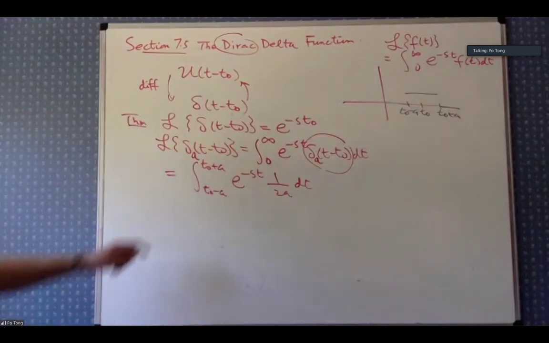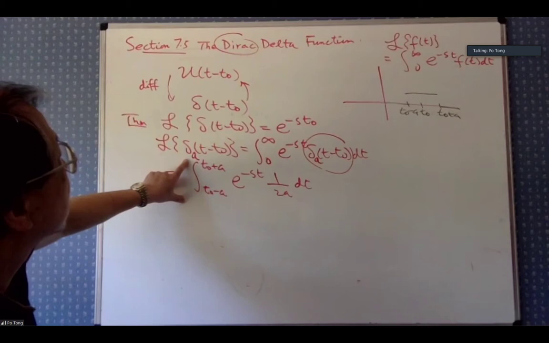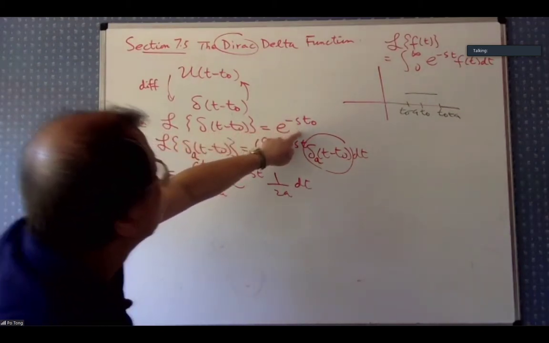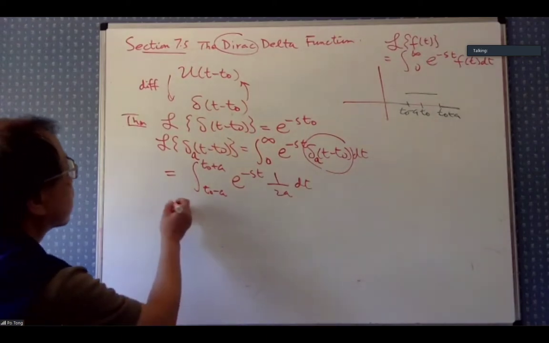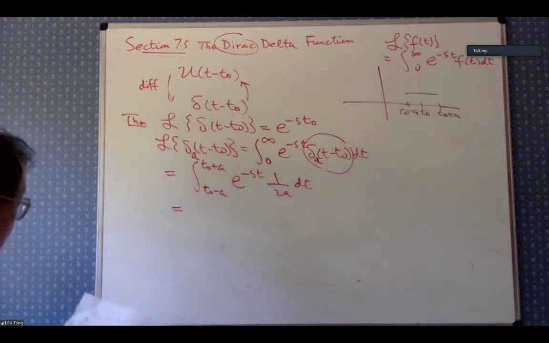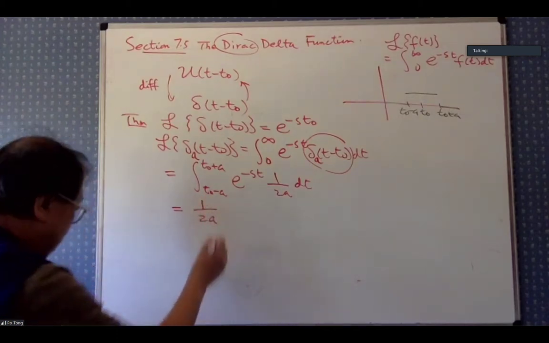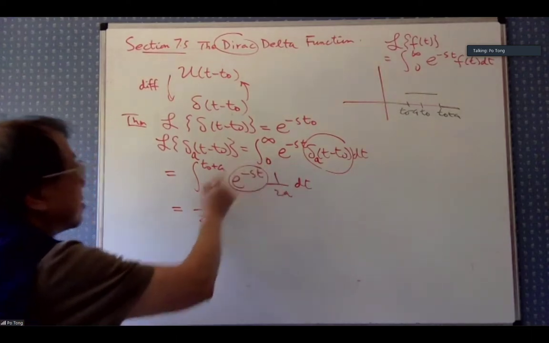I eventually will want a to go to 0, but I have to compute this first, and then I'll let a equal 0, and then I'll end up with this. So what is this? I can take the 1 over 2a out. What is the antiderivative of this?